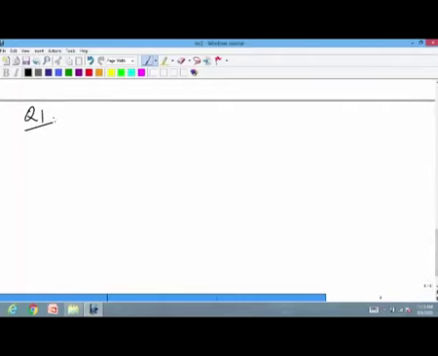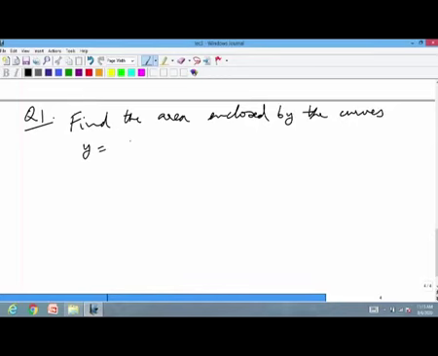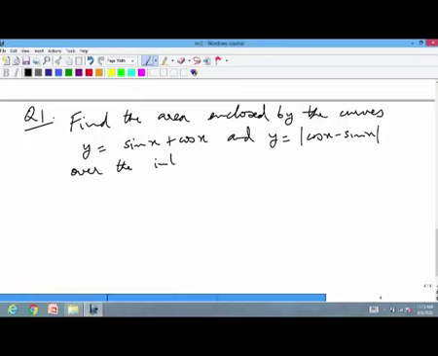First one, let us find the area enclosed by the curves y equal to sin x plus cos x and y equal to mod cos x minus sin x over the interval 0 to pi by 2.